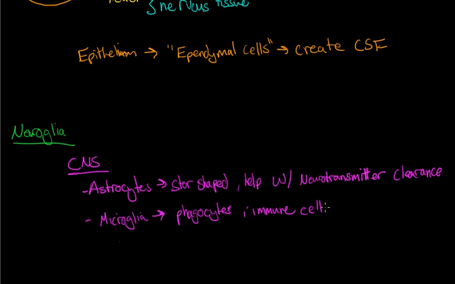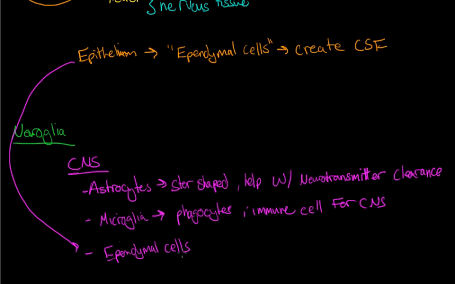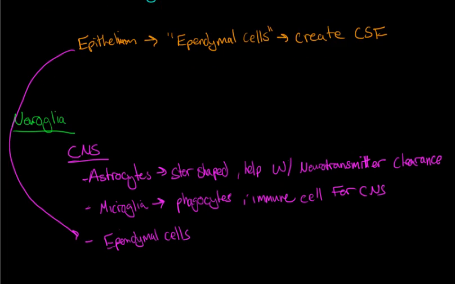Immune cell for the CNS. Then we have ependymal cells, which we just went over up here. So I won't talk about that again. That's going to be epithelial.